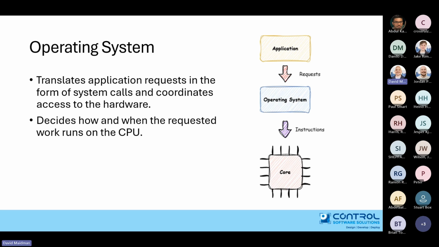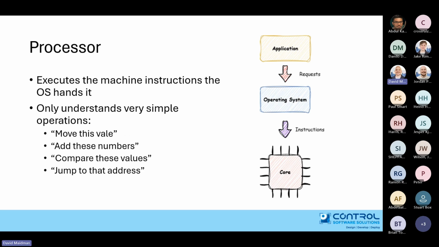The operating system handles those requests and coordinates with the hardware. It sends instructions to the CPU, which the CPU can then execute. The CPU, the core, the processor, with terminology to be defined later on, executes low-level machine instructions.